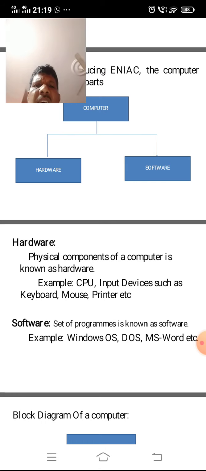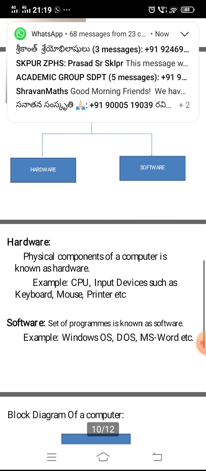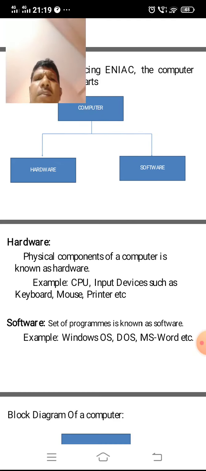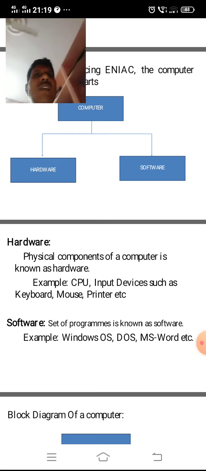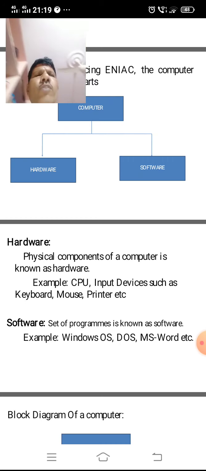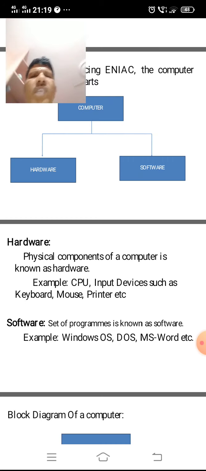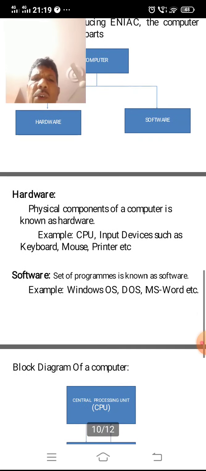Examples: Windows operating system, DOS operating system, MS Word. Generally we are using mobile phones. The mobile phones have operating systems, that is Android and iOS, the iPhone operating system, and some mobiles also use Microsoft operating systems, right? This is about the software.